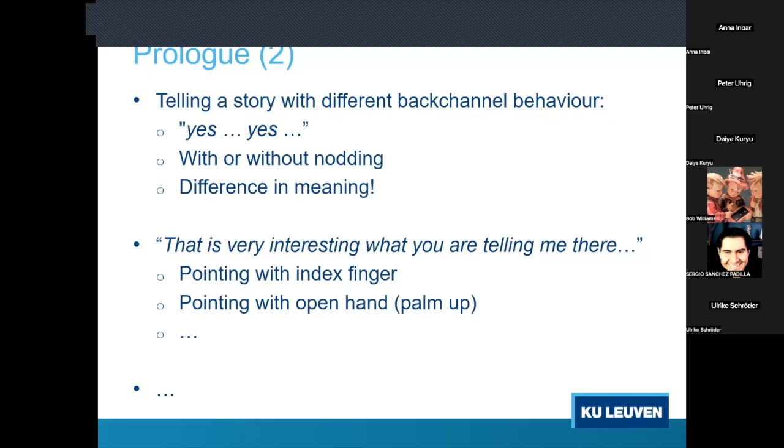Or same wordings, and I use my hand palm up, and I'm raising my eyebrows, and then I'm inviting you in a more friendly manner. Okay, so gesturing really actively contributes to processes of meaning making, both on the production side and on the interpretation side.